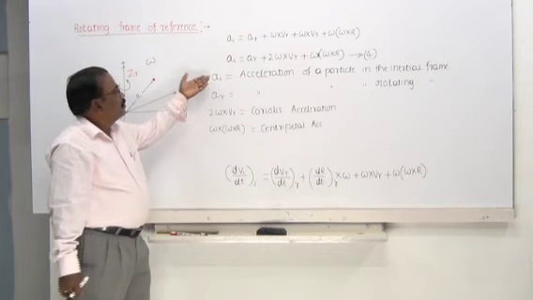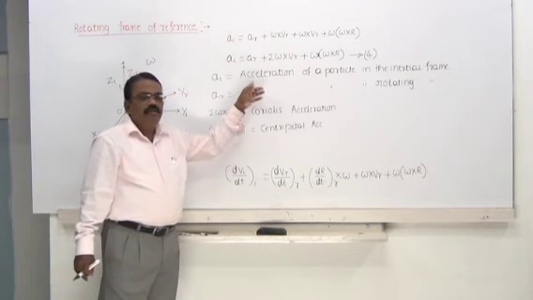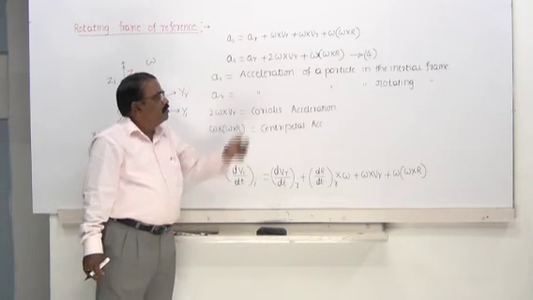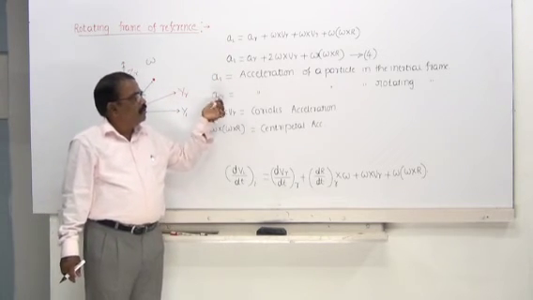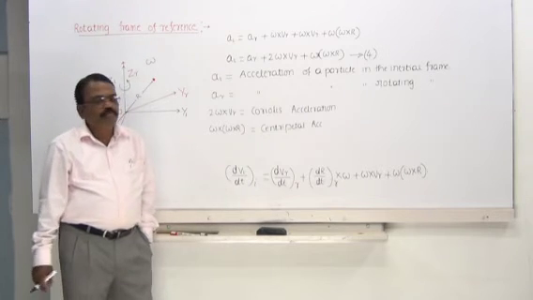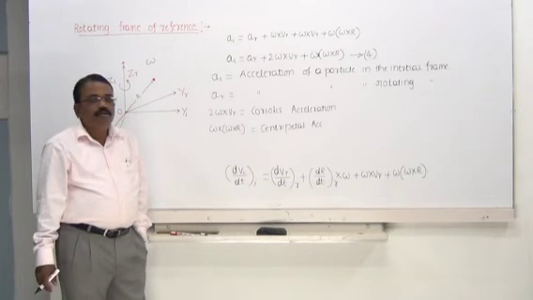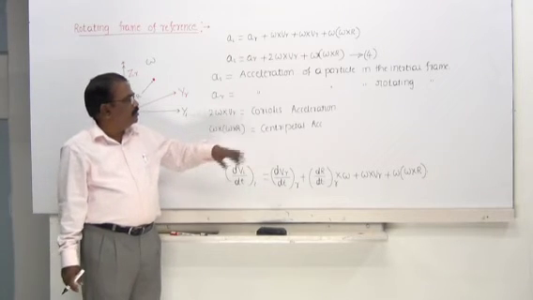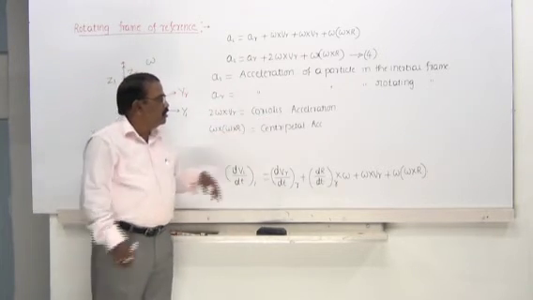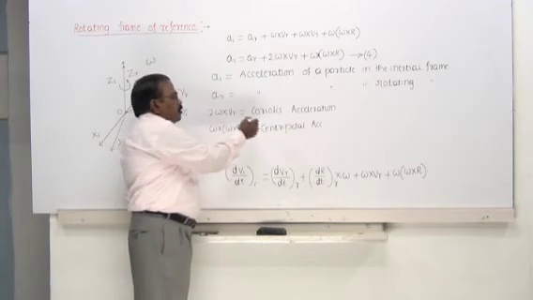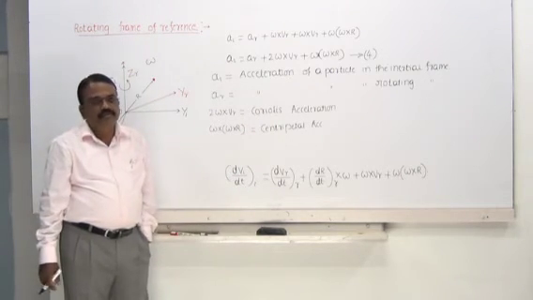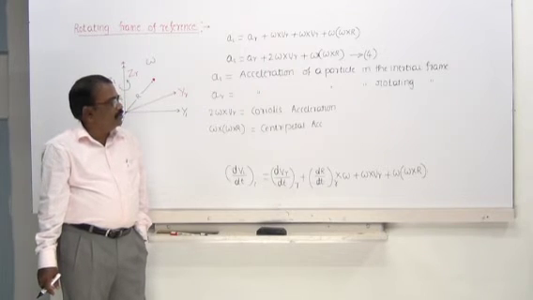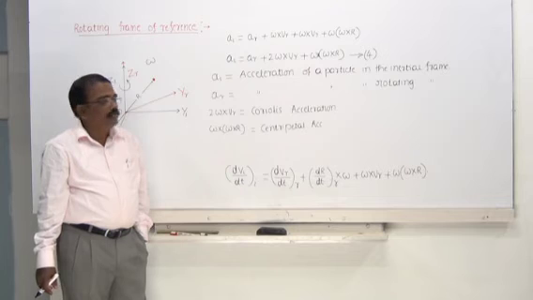See here, AI is the acceleration of a particle in the inertial frame of reference. AR is the acceleration of a particle in the rotating frame of reference. 2 omega into VR is Coriolis acceleration, Coriolis being the name of the scientist. Omega into omega R is called centripetal acceleration.